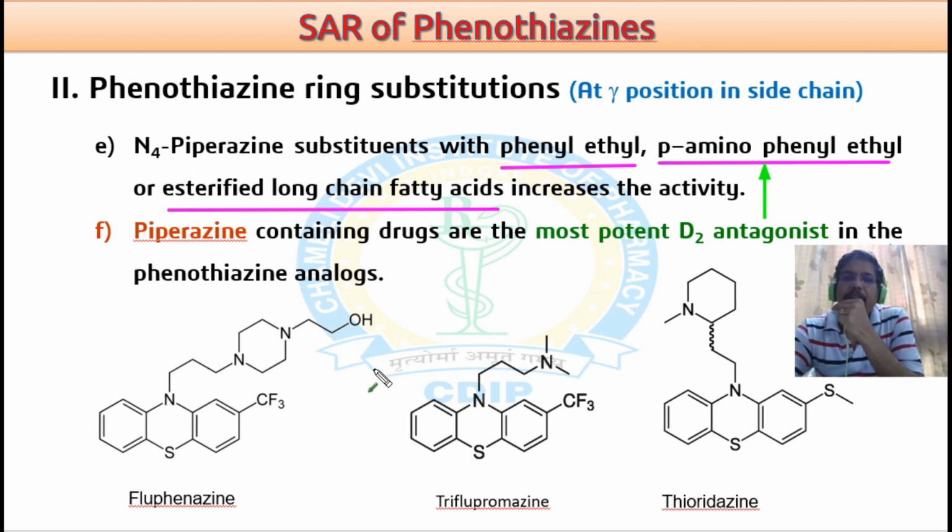So this is the sequence of activity for this gamma substitution and how it affects the pattern of activity.